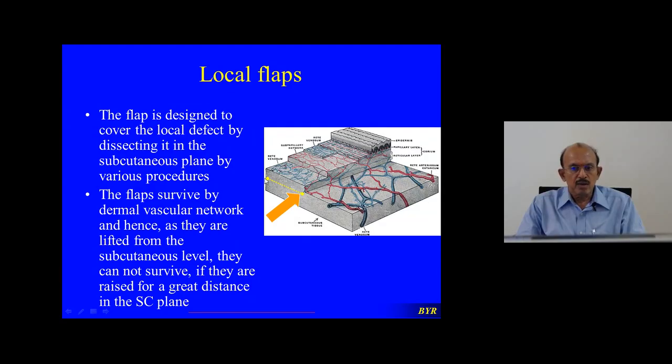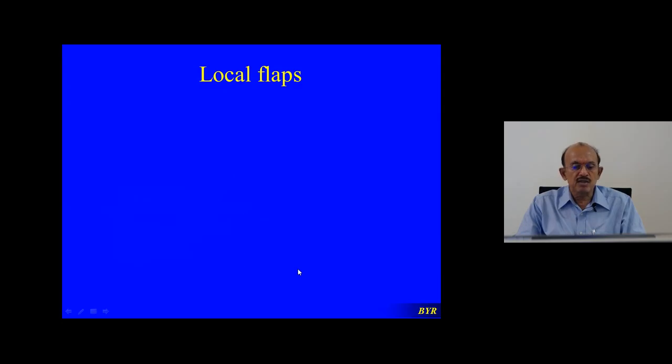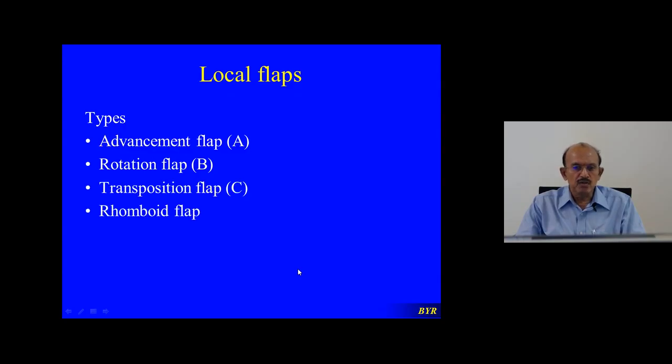For example, if you cut the dermis here from subcutaneous tissues and lift it off, for some distance you can lift it off because it will be receiving blood supply from the other end. But if you take a very long length of flap, this won't survive. So there are some rules for construction of these local flaps. So types of local flaps being advancement flap, rotation flap, transposition flap, rhomboid flap. These are the four varieties.